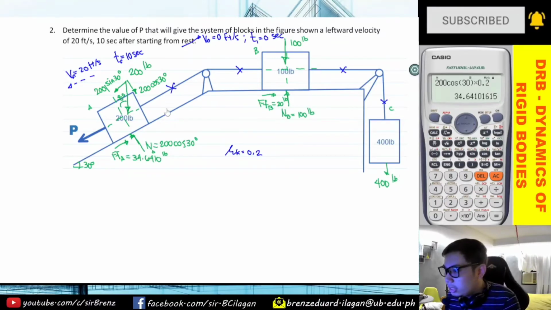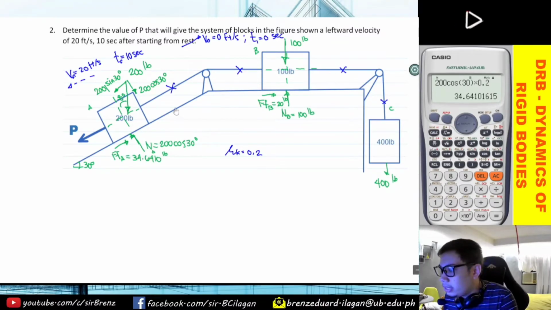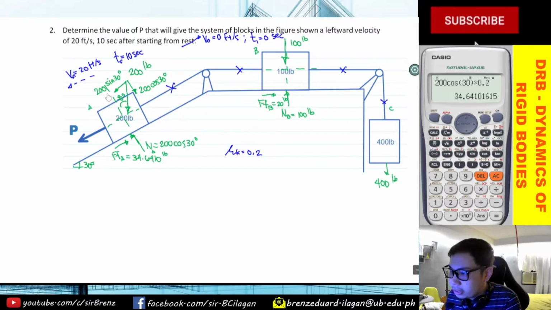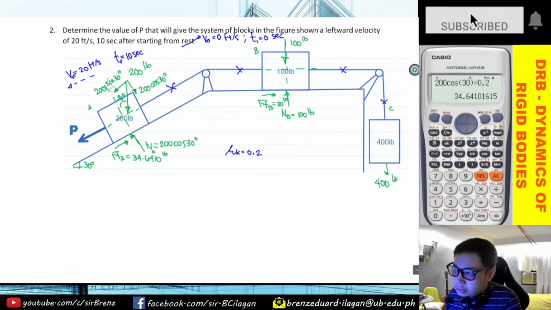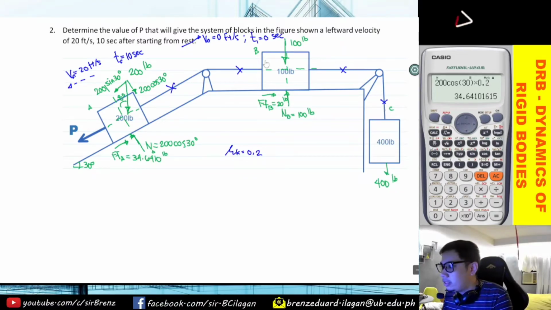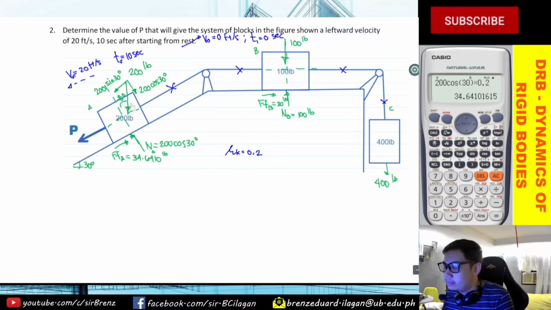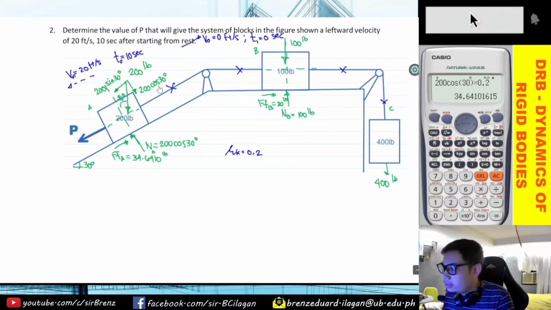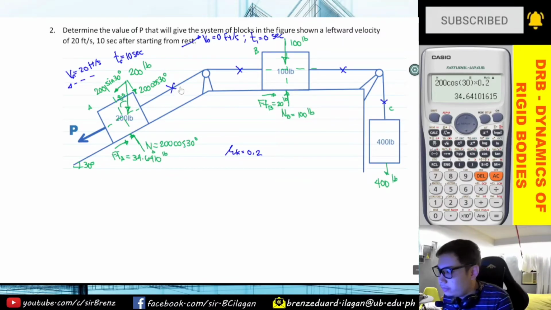Okay, so I think we need to draw the free body diagram independently, i-redraw natin siya individually per free body diagram. So as I've said earlier, kung ano yung value ng tension dito, yan lang din yung value ng tension dyan. But we need to consider pala yung tension since, as I've noticed, kapag gumawa ng free body diagram dito, diba ito yung tension mo.